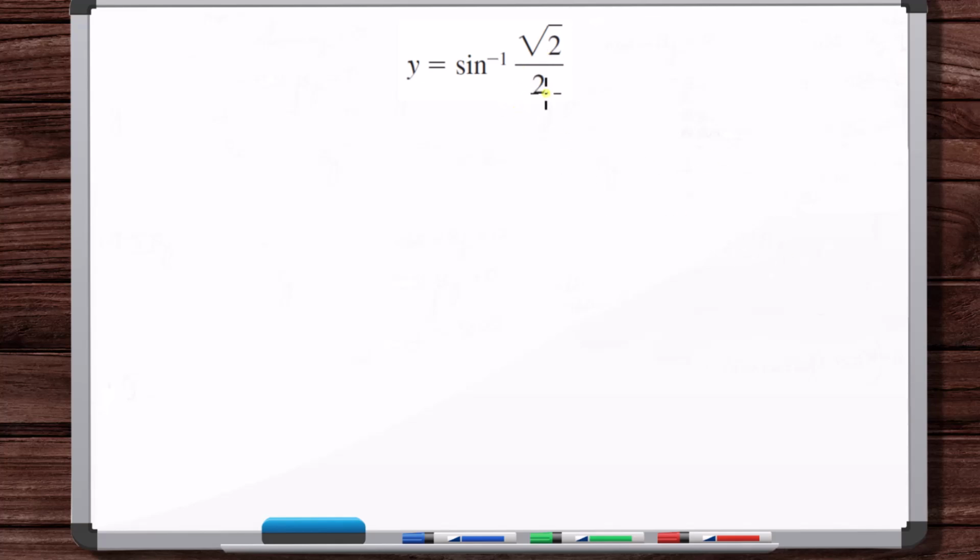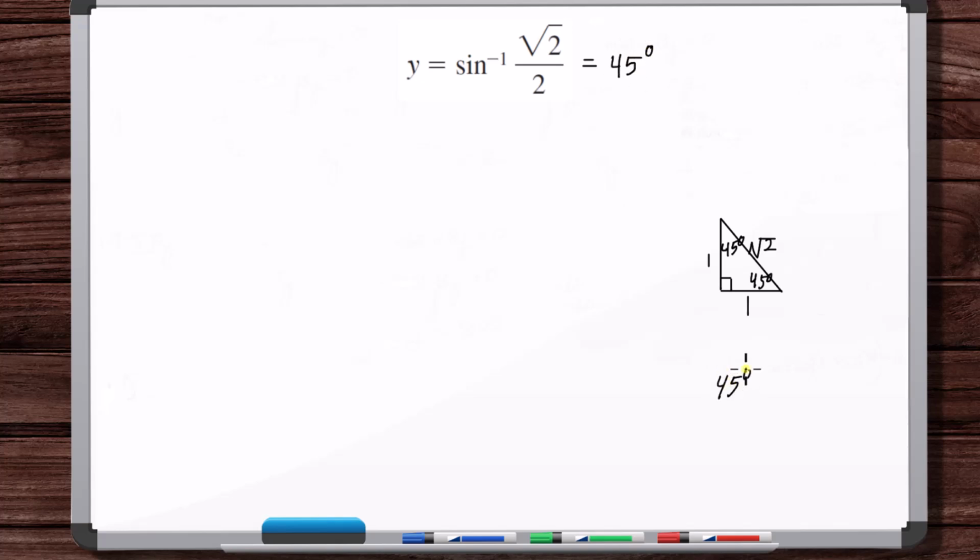Okay, root 2 over 2 is 1 over root 2. So we know we've got the 45, 45, 90 triangle, 1, 1, root 2. So sine of 45 is 1 over root 2. So this is positive, root 2 over 2. This is equal to 45 degrees.